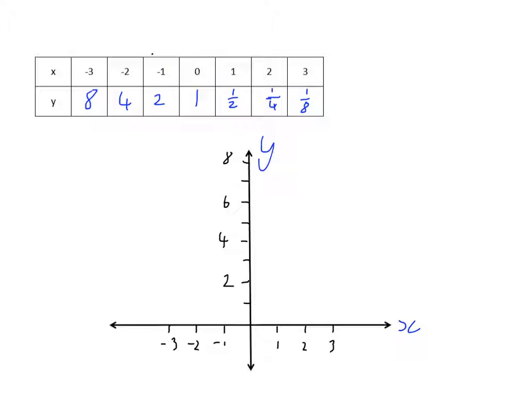So the first one is x equals negative 3, y equals 8, negative 2 and 4, and so on. Once you've got those, join them up with a nice smooth curve.